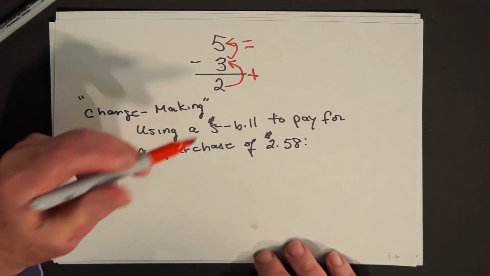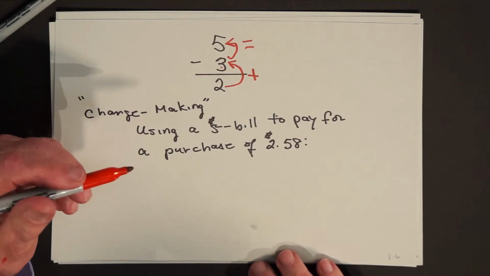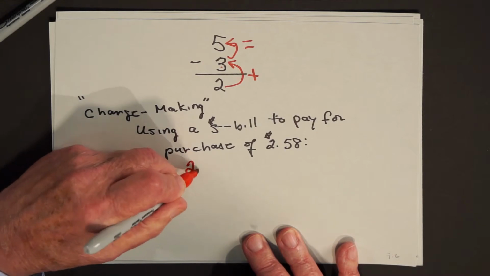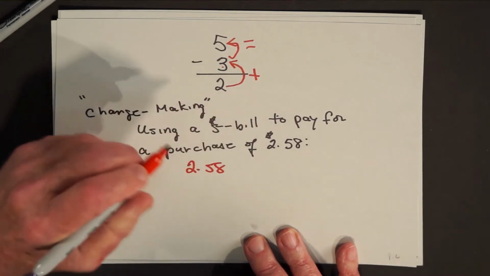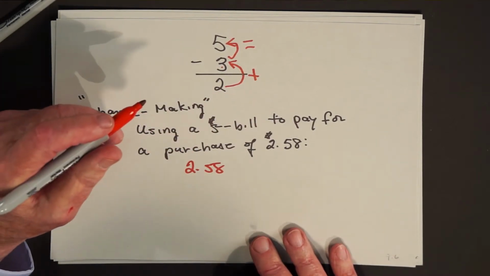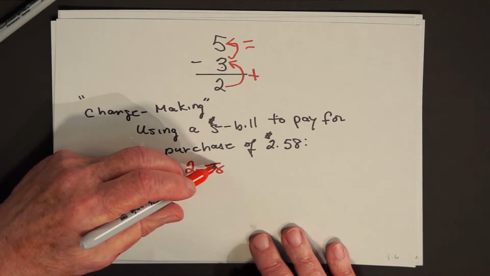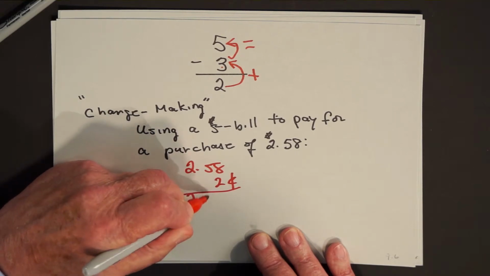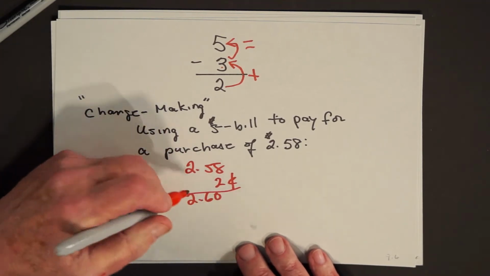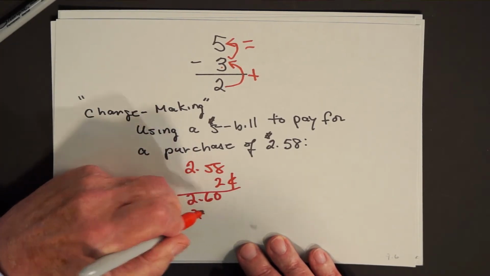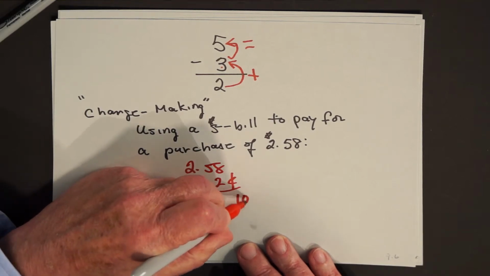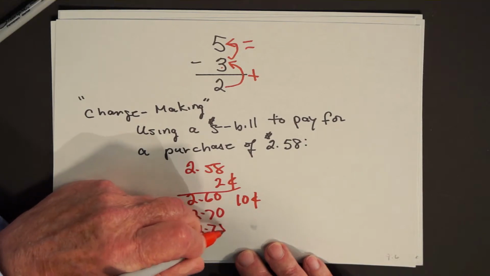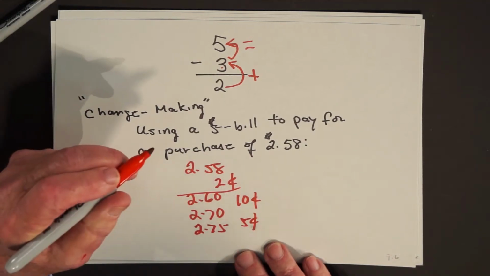And we do this in change making all the time, before they had computers. If you pay for a $2.58 purchase with a $5 bill, the man didn't subtract. He says $2.58, then he gives you 2 cents and says that makes $2.60. Then he might give you a dime, 10 more cents, makes $2.70. Then he gives you a nickel, makes $2.75.